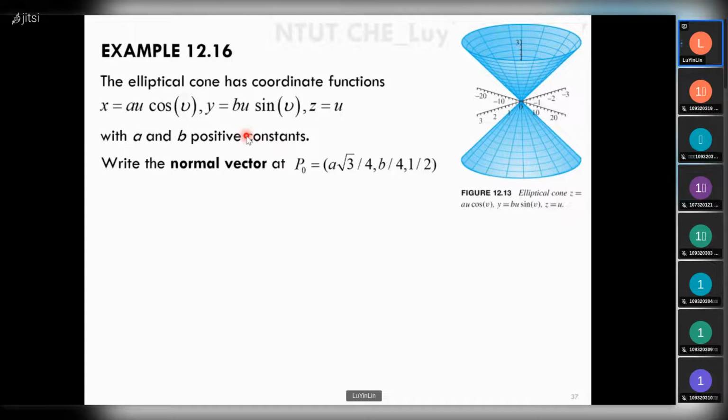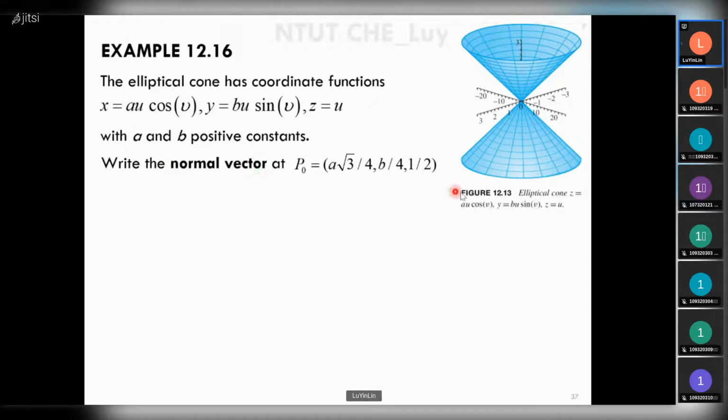In this example, try to write a normal vector. As I mentioned, if you want to find a normal vector, you have to give me a point, because on the surface there are many points, and for different points you have different normal vectors.